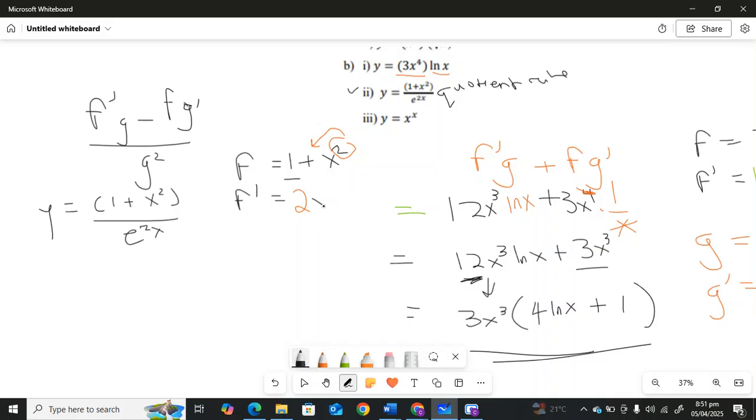In the exponent, subtract a 1 from it, 2 minus 1, that is 1. So when we derive 1 plus x squared, we remain with 2x. Remember, whenever you have a number without any letter, it disappears.